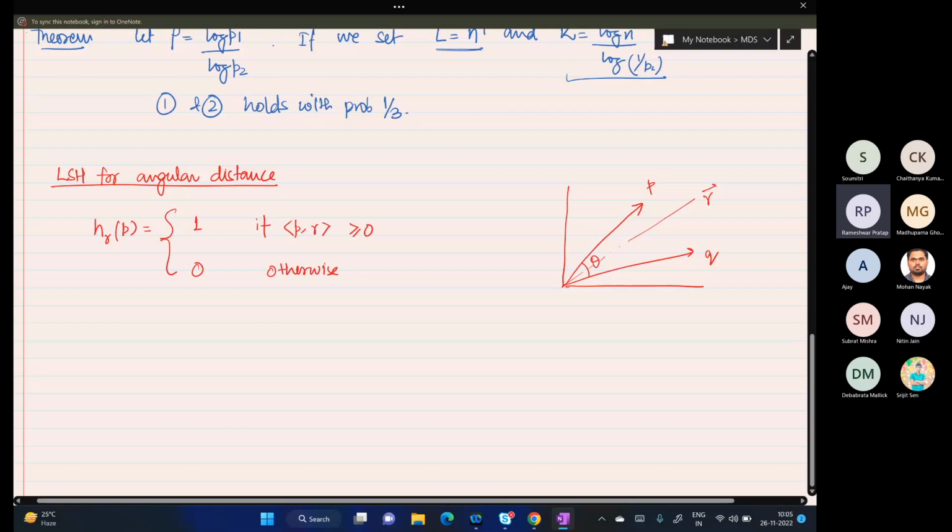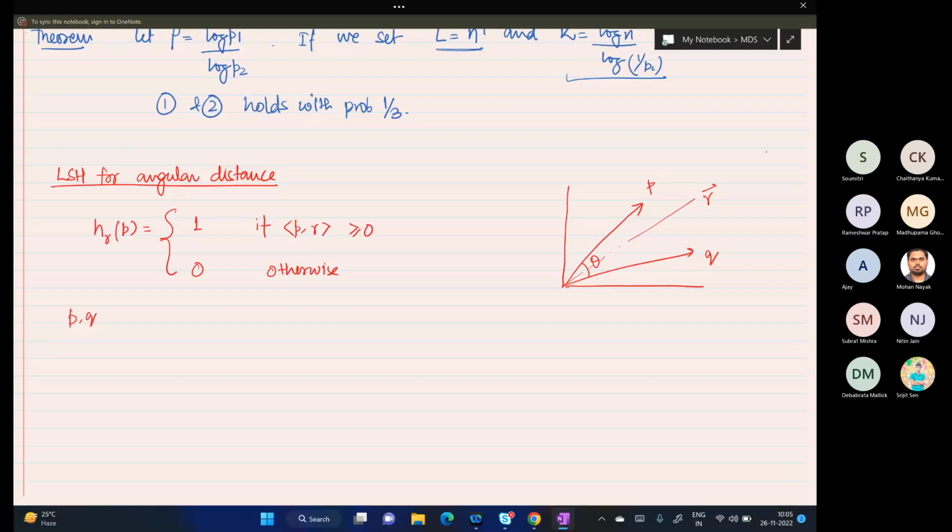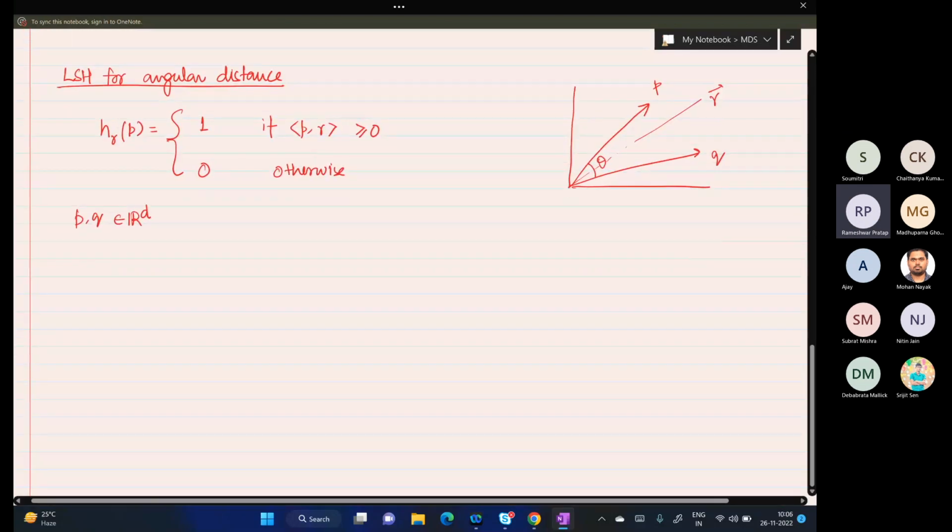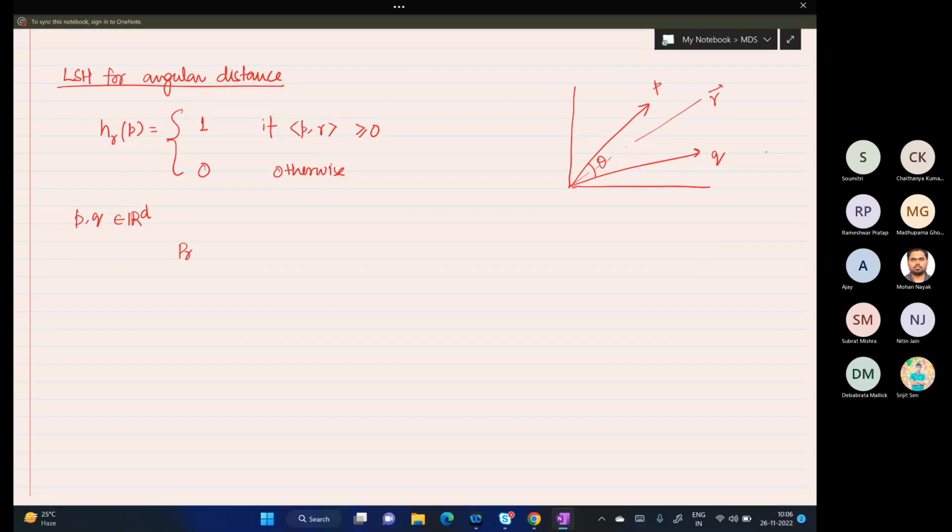Okay, and SimHash gives the following guarantee: probability that h(P) is equal to h(Q) is what? 1 minus theta by pi.